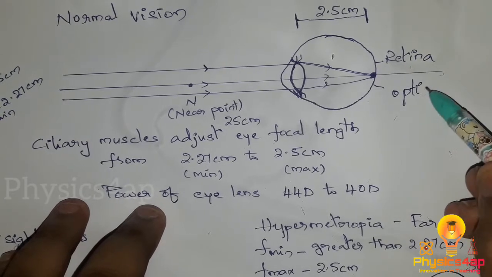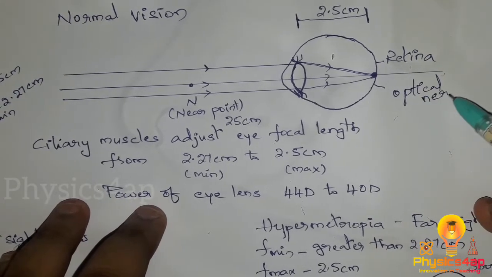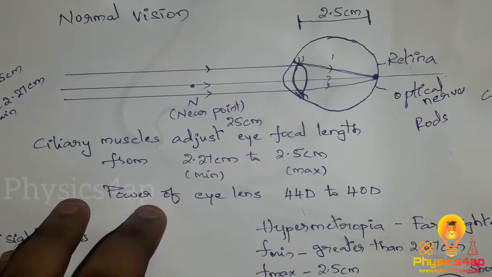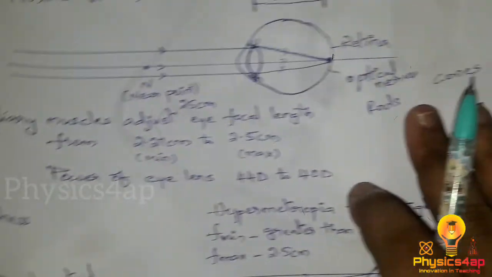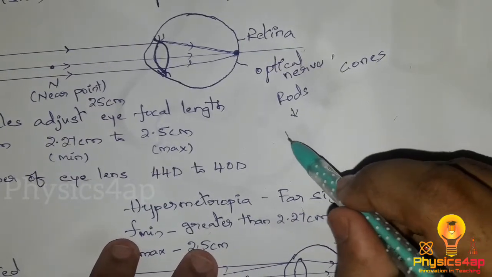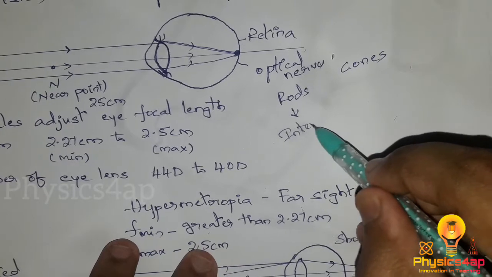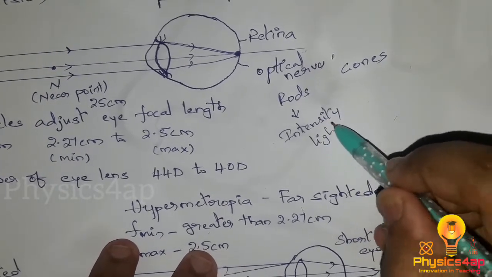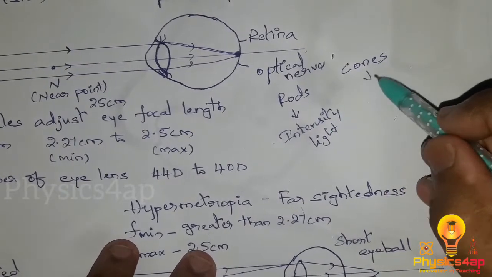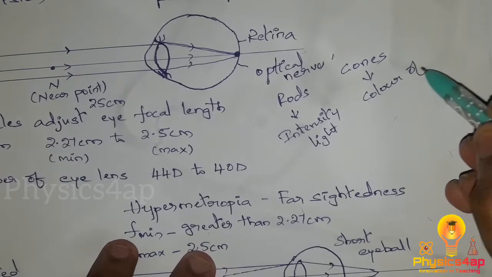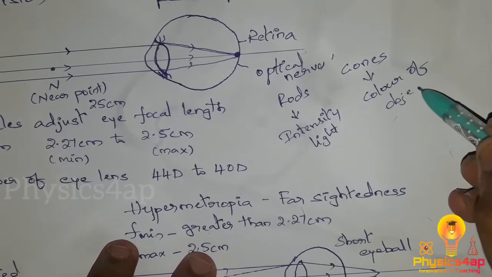The rods are used to identify the intensity of light, and the cones are used to identify the color of an object or the color of light.